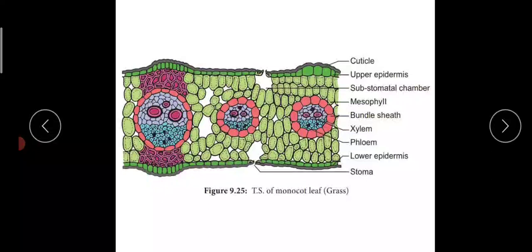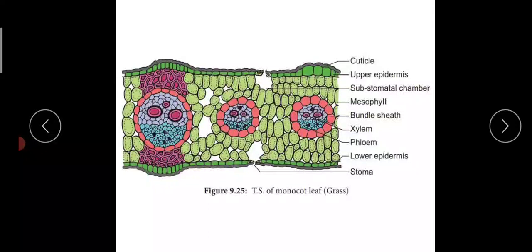And in case of monocots, in the upper epidermis, mostly in grasses, which come under monocots, right? The upper epidermis has a particular type of cells which are fan shaped or bubble shaped, and these are known as bulliform cells or motor cells.